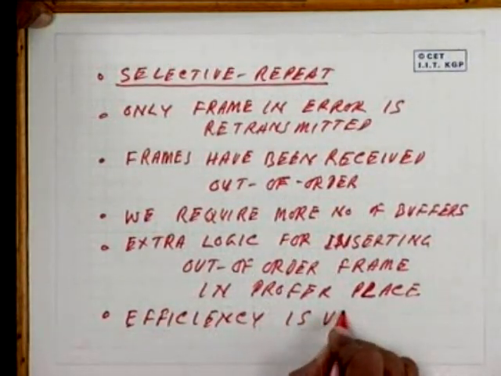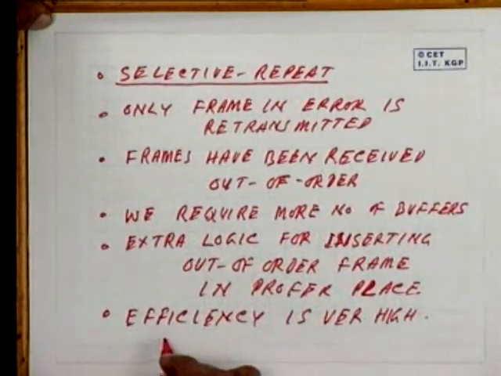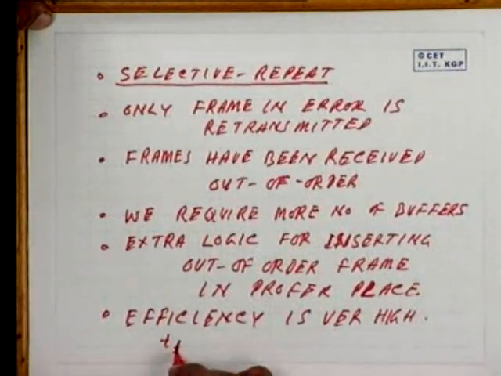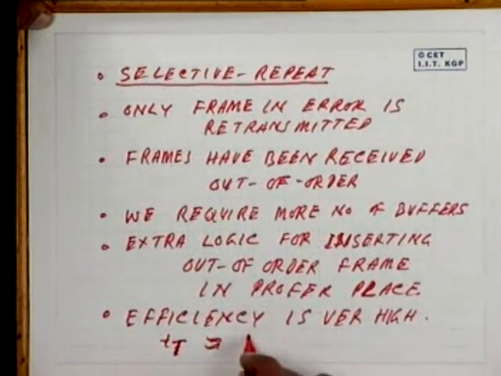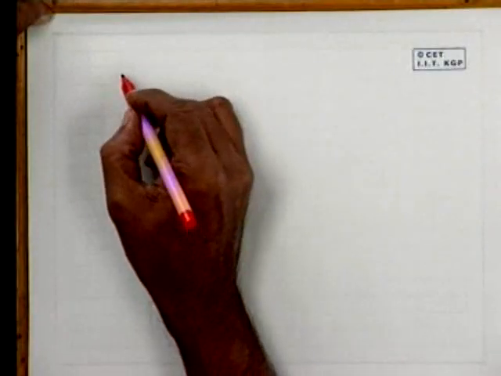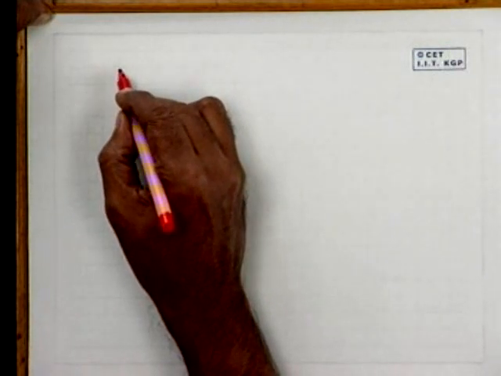is very high, and the frame transmission time TT, the time required to send a frame, is very close to TF, the time required to send only the frame. That means the rate at which the frames are coming, you are sending one after the other. And finally, what should be the possible numbering?